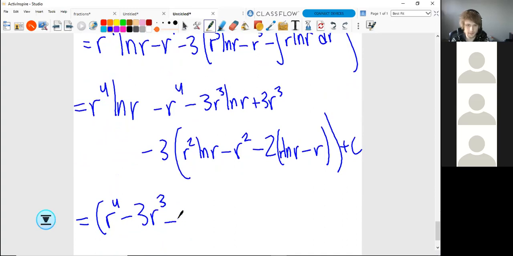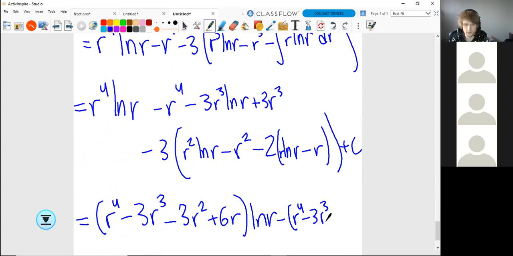Minus 3r squared plus 6r times ln r. And then I'm pretty sure we're going to have minus the same polynomial, minus r to the fourth minus 3r cubed minus 3r squared plus 6r.